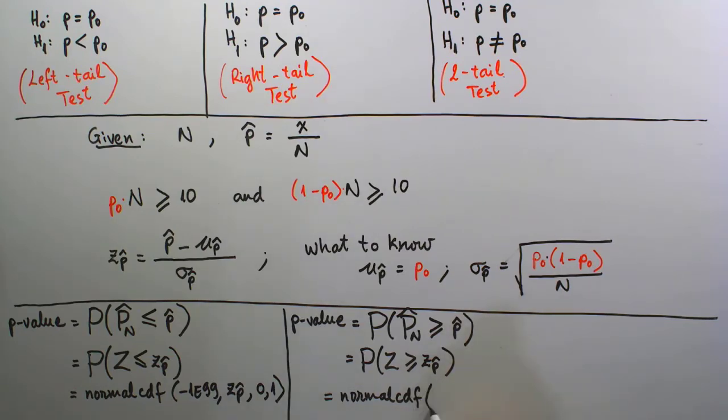But this time I am going to run this normal CDF command taking the z-score we calculated here as the low end, where the upper end is going to be positive 1E99, and it's going to be comma 0, comma 1 for these two values right here, mu and sigma on our standard normal distribution bell curve.